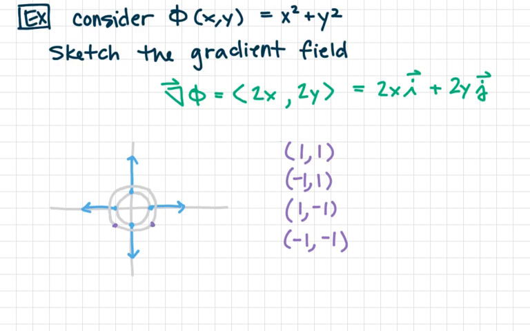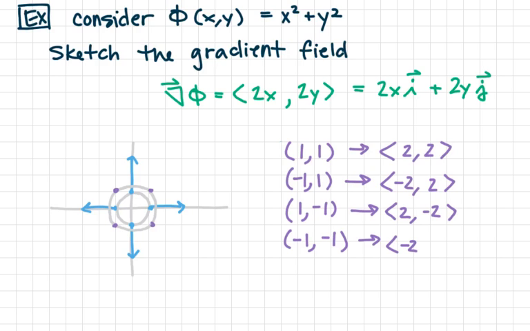They're out a little bit further, and all these blue vectors that we drew were of magnitude 2. These new ones are going to have magnitude √2 in position, and give us the vectors ⟨2, 2⟩, ⟨negative 2, 2⟩, ⟨2, negative 2⟩, and ⟨negative 2, negative 2⟩.